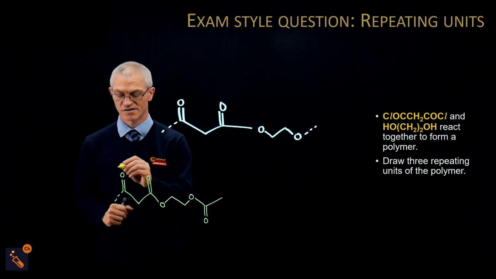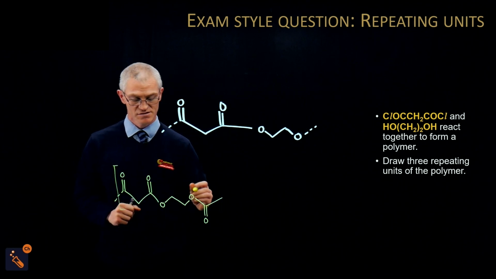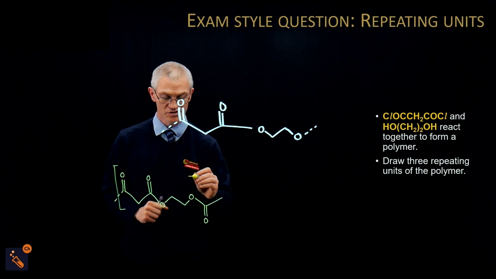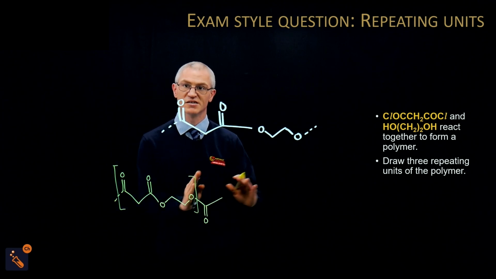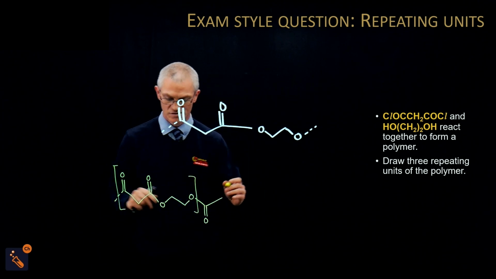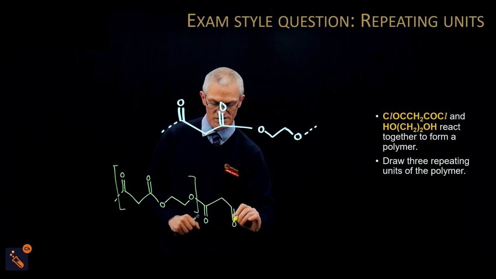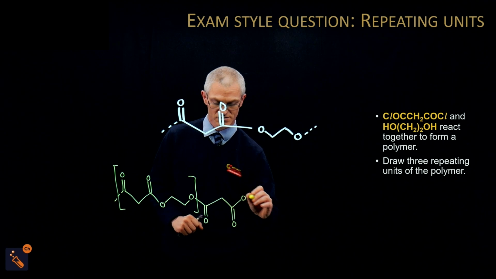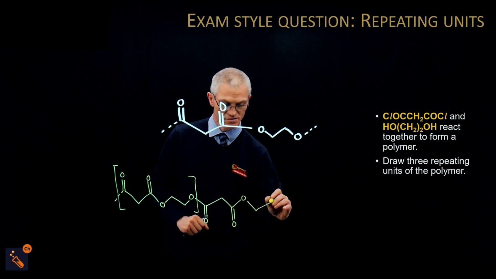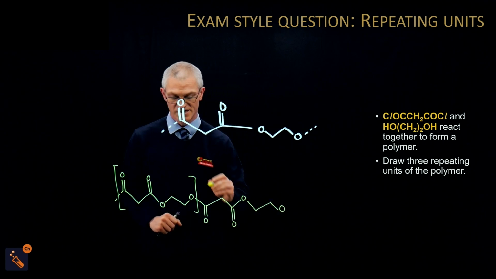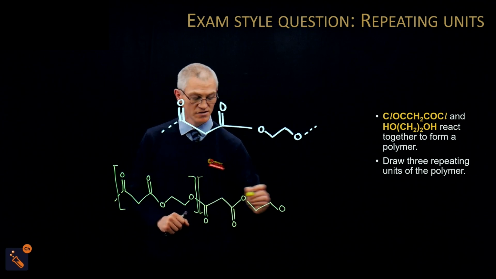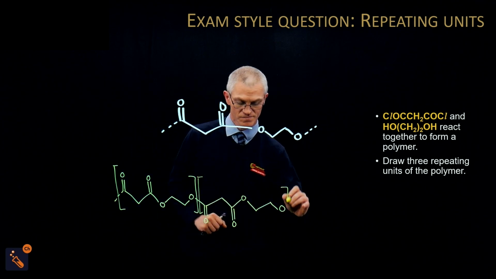So I'm going to take this bit here, which is our first repeating unit, and then just repeat it 3 times. So I'm going to go down again, and here is our oxygen.